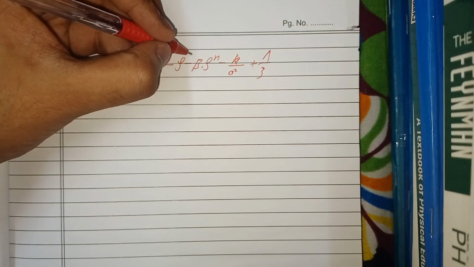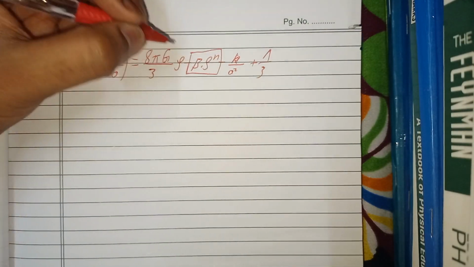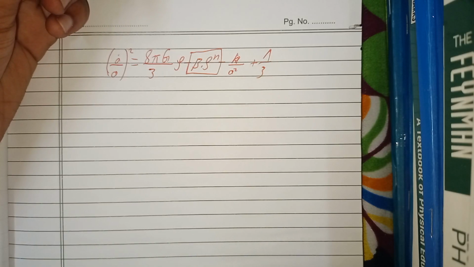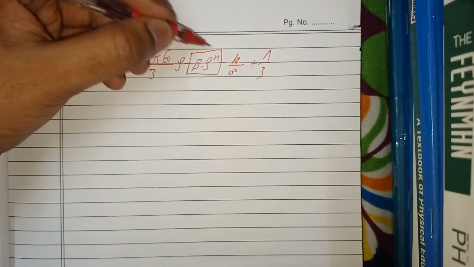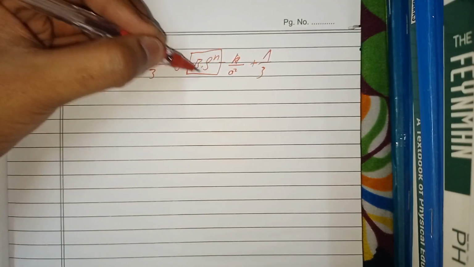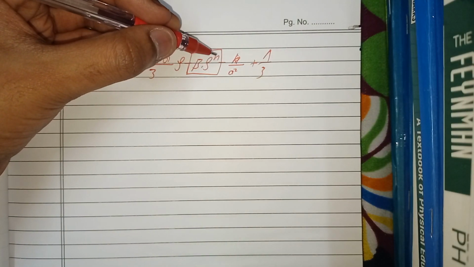Yeah, it looks like the Friedmann equation, except this value. This is the expansion factor, which gives a little more of a reason how this happens. This is the mechanism, and this is the reason why this happens. This beta and rho to the power n.